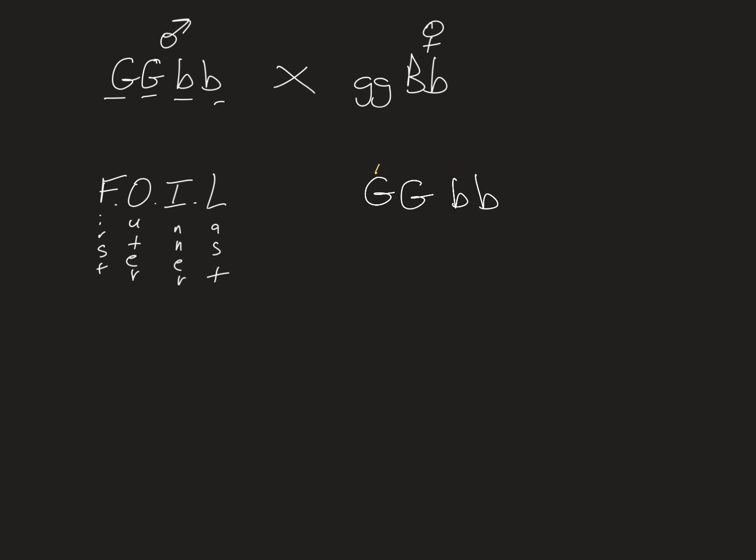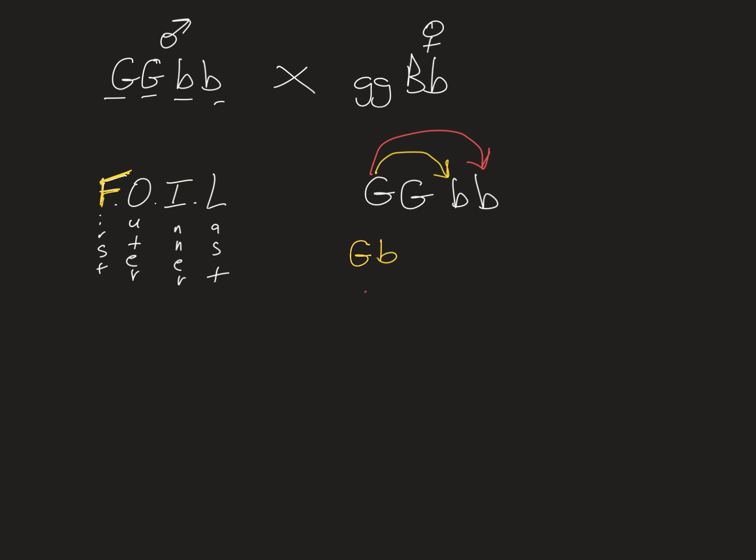First is big G, little b. Your outer would be big G, little b. Why did I put big B? I have no idea. Big G, little b.